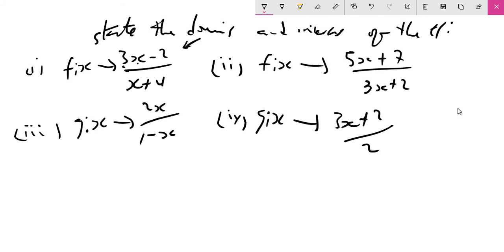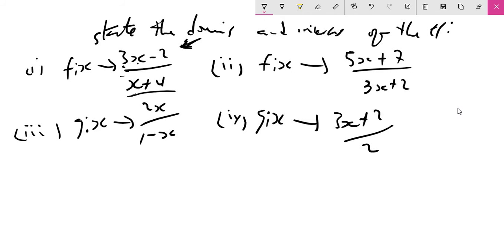What are the possible values of x that can be substituted into this function to get a real number? That's really what they mean by stating the domain.